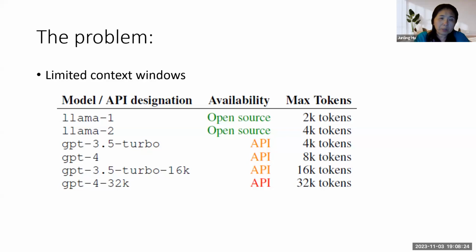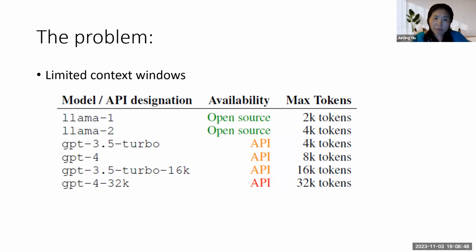What we see here is that the authors listed all these models. Llama 1 is about 2,000 tokens. If you think back, BERT originally was only 512 tokens, less than 1,000, and then gradually we grew that number. For Llama 2, we have about 4,000 tokens.